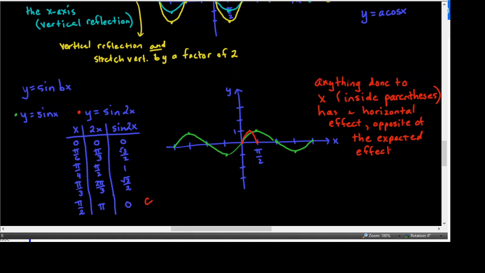This is the effect we're seeing, it doesn't stretch, it compresses horizontally by a factor of, and for this we'll use the reciprocal, by a factor of 1/2. Okay, so everything is half the distance from the y-axis as it would have been originally.